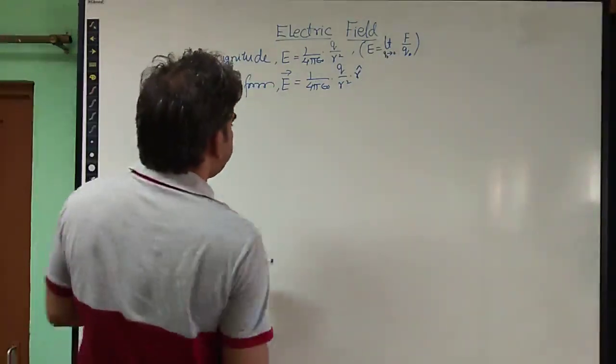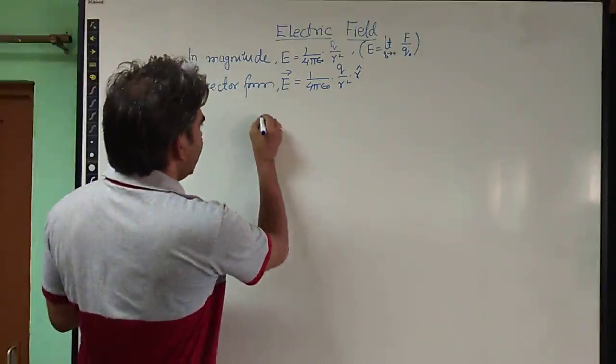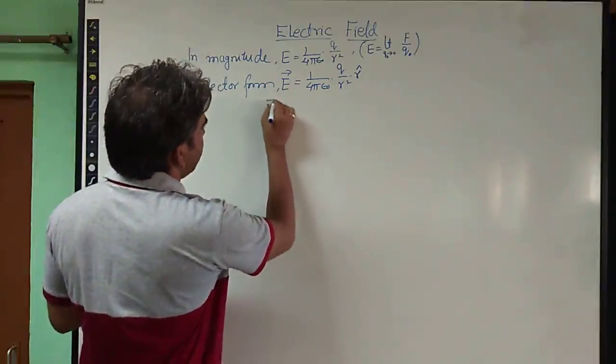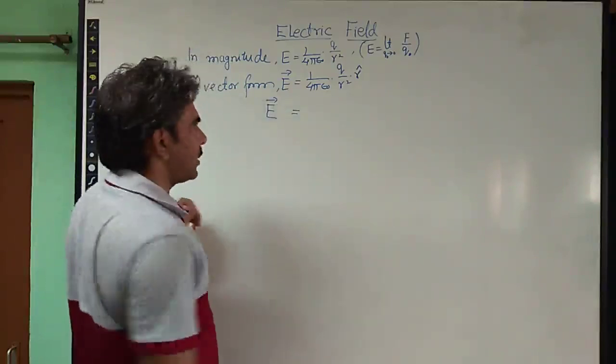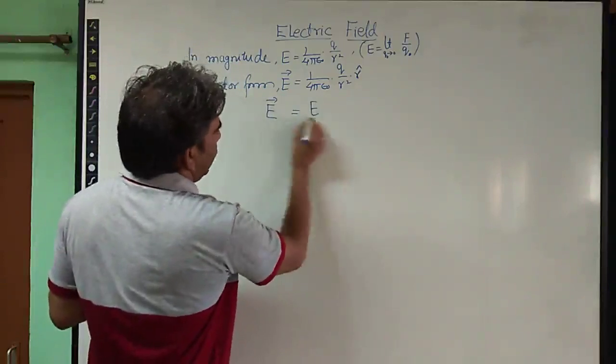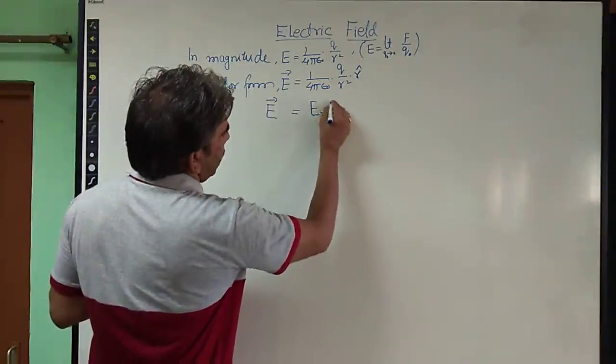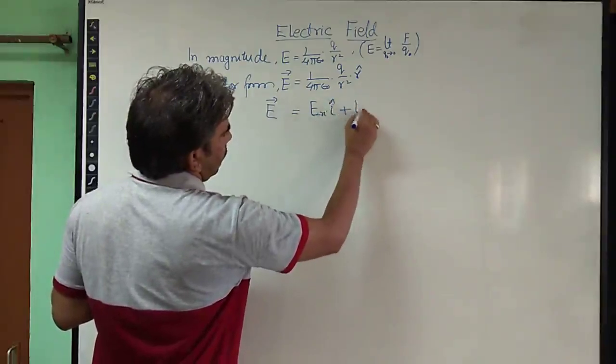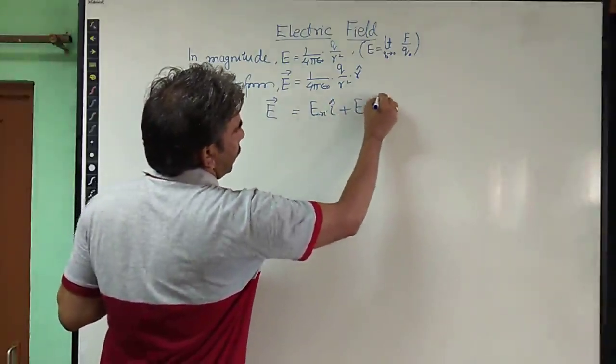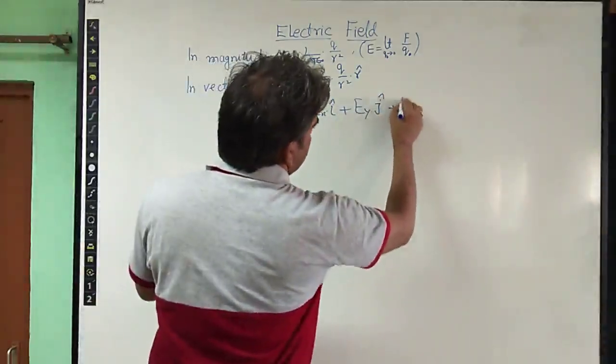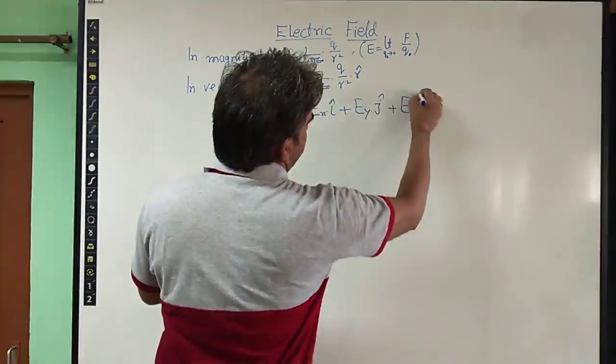So from here, in general, we can write the expression for the electric field in terms of its components as the electric field vector E equal to Ex i cap plus Ey j cap plus Ez k cap.